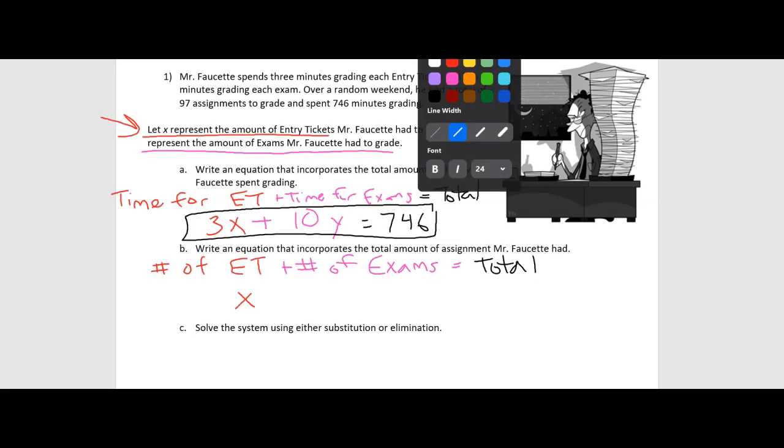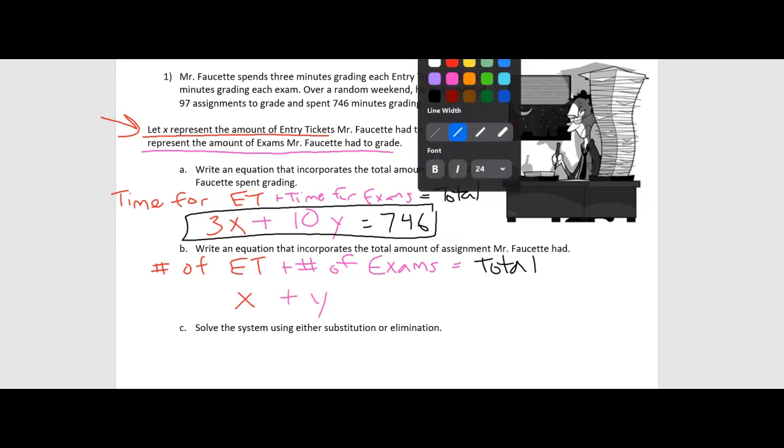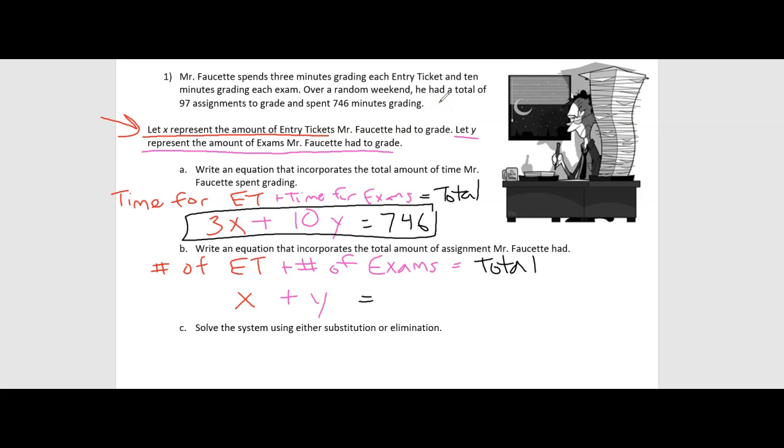Total number of exams is Y. And we know that the total number of assignments is 97. So we have X plus Y is equal to 97. So I have two equations, and part C says solve the system using either substitution or elimination. So your choice, feel free to use whatever one you think is easiest.